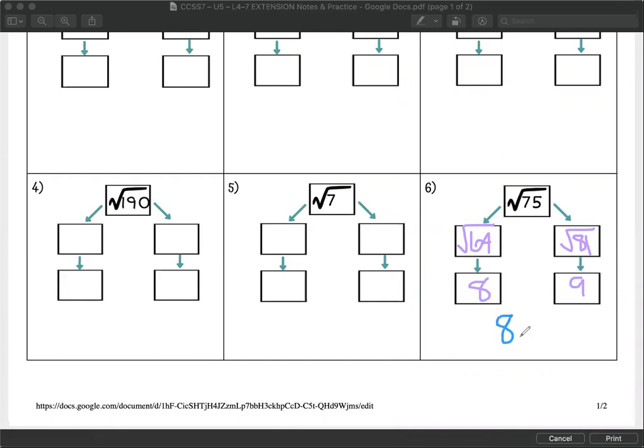So I know my whole number is 8. 75 is closer to 81 than it is to 64. Let's think about what that halfway point would be, though. It would be at 72.5. So 75 is just a little bit more than that. Maybe I'm going to guess about 8.6. And that's it.